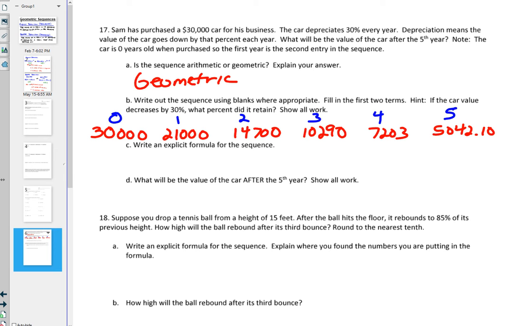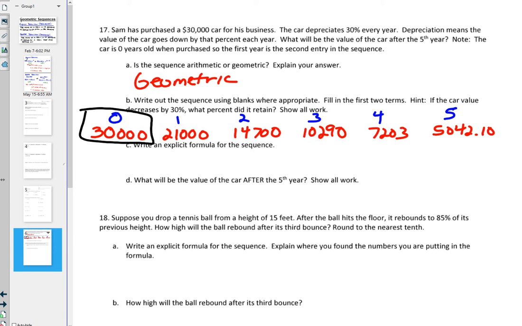Now here's the big one that I wanted you to pay attention to. This is where the word problems get tricky, right? Write an explicit formula for the sequence. Well, the way you write your explicit formula depends on what you consider to be your first amount. Since most of you consider the first amount to be what the car was purchased for, remember that the car was purchased before any time passed.